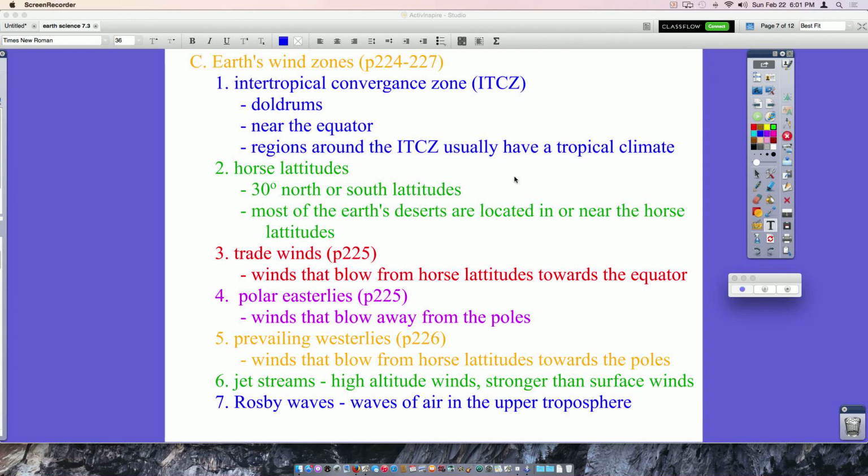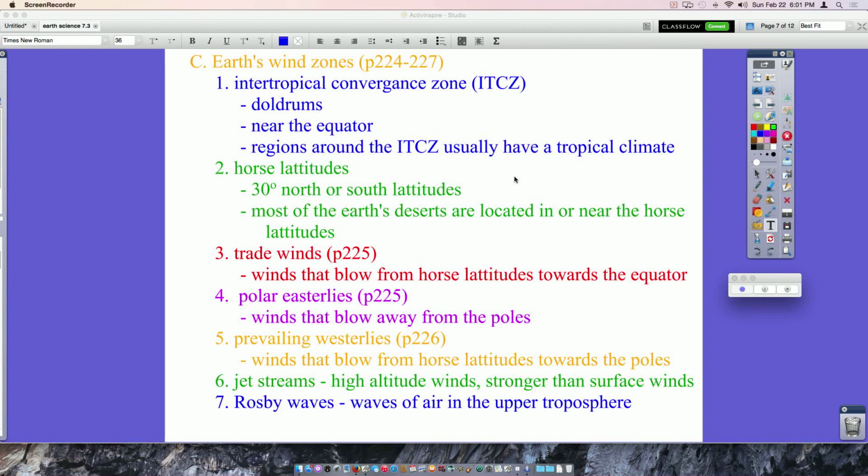The reason you hear me saying around or near is that these exact latitudes will shift from season to season, as the Earth tilts towards or away from the sun. We talked about a lot of those factors that contribute to how much heat and energy is located, and that will affect exactly which latitudes. It will be near these. They won't shift very far away from them at all, but that's what we see.